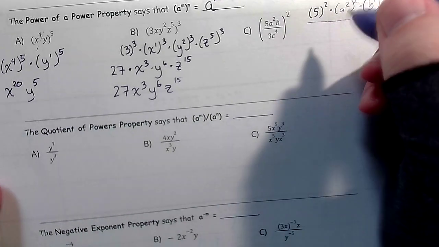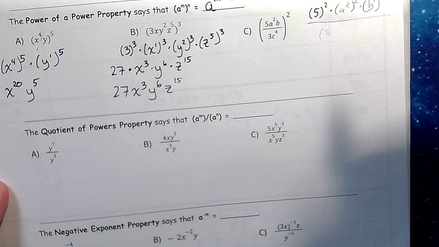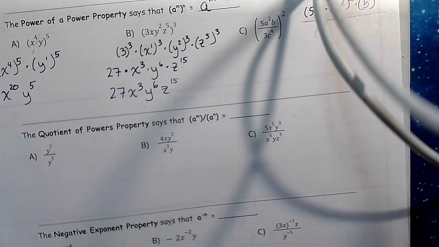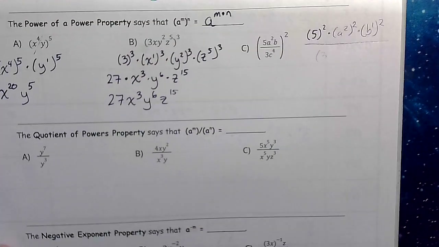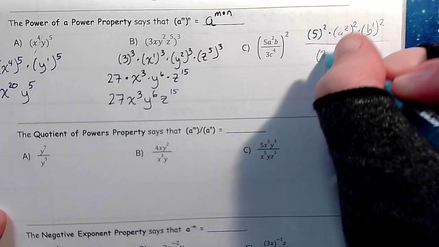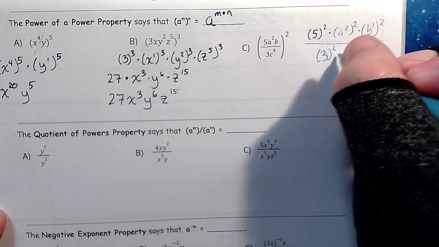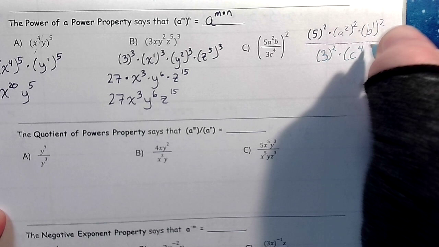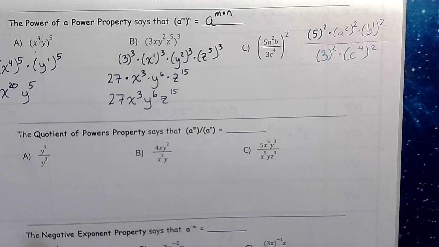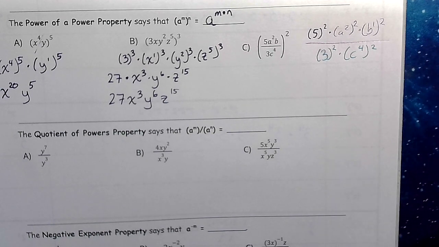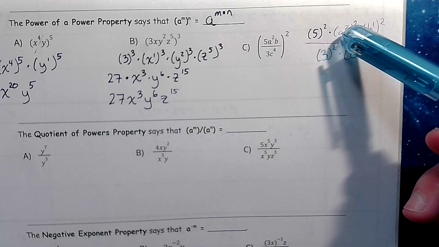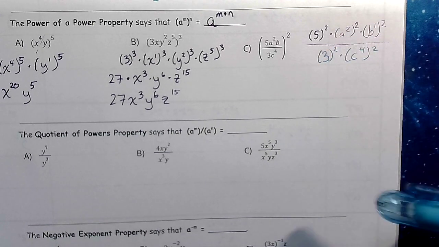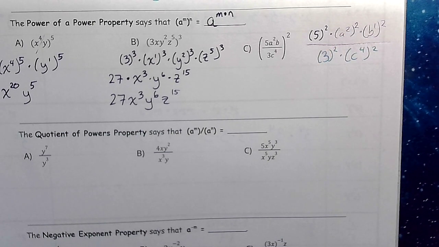I keep running out of ink. Three to the second times c to the fourth to the second. So a lot of pieces here, but go ahead and see if you can do this one. Again, it's just going to be multiplying the powers together and simplifying.